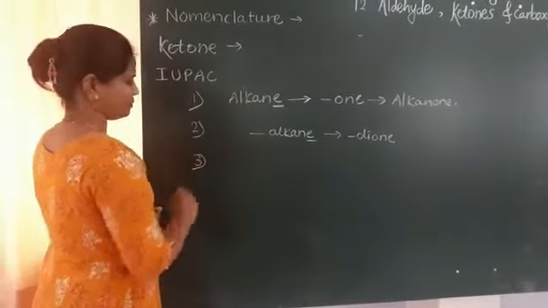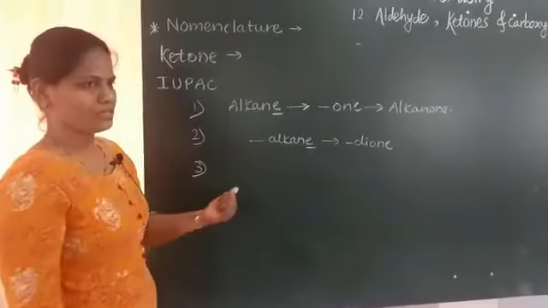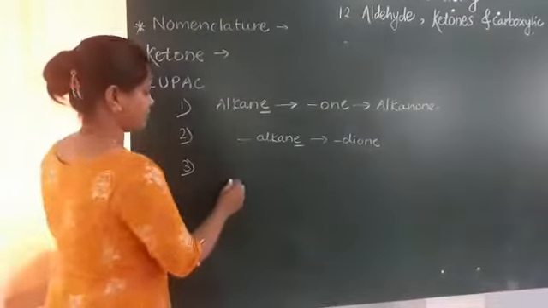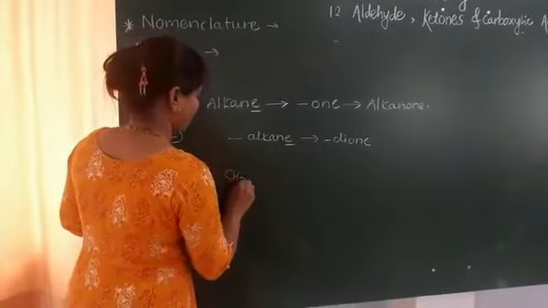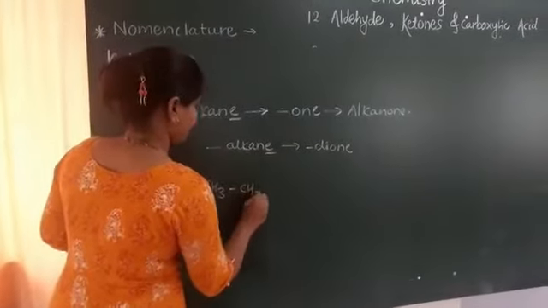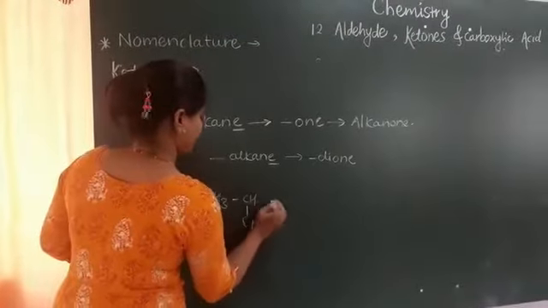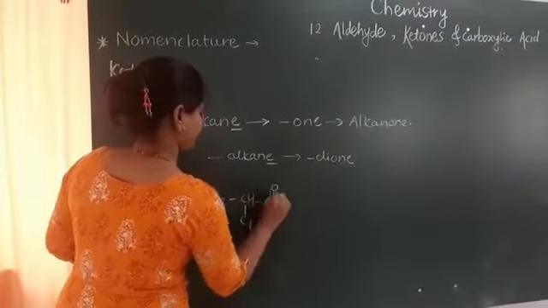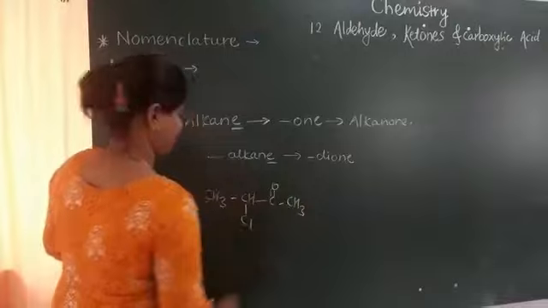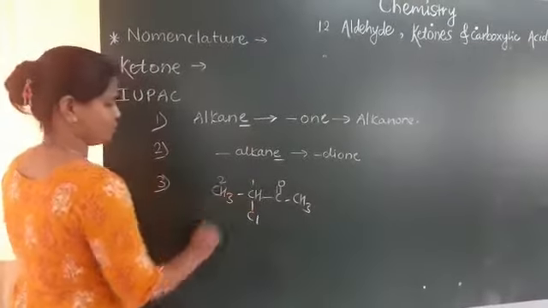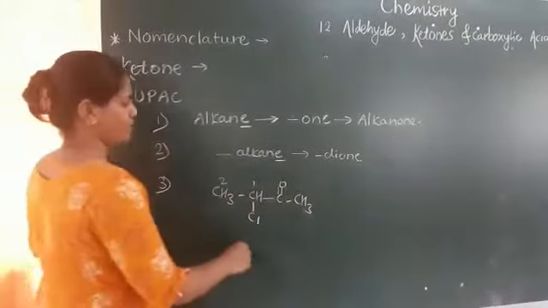Third rule is, whenever a substituent is attached, then it is shown by the proper number as 1, 2, 3 likewise.